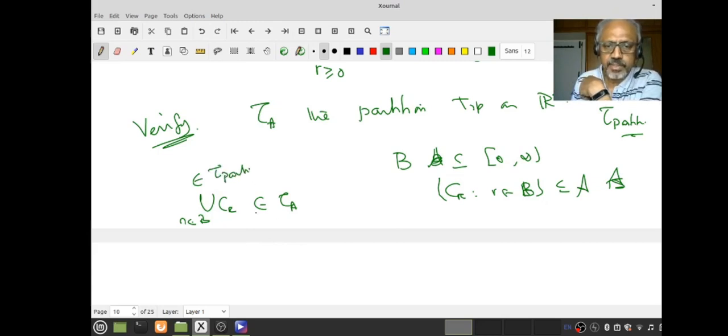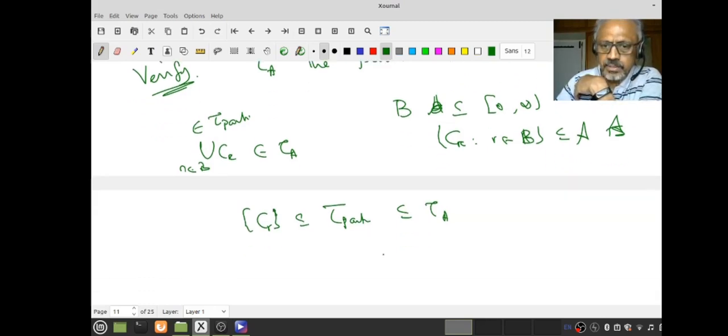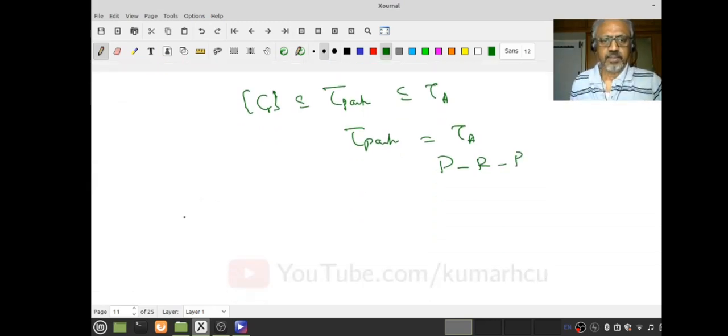Therefore, every open set in the partition topology is an element of tau A. This is already a topology that is contained in tau A. Therefore, tau partition is contained in tau A, and your collection C_r is contained in this. Therefore, what do we conclude? Since tau A is the smallest topology containing C_r, tau partition should be equal to tau A. Okay, pause, review, proceed. A slight twist.